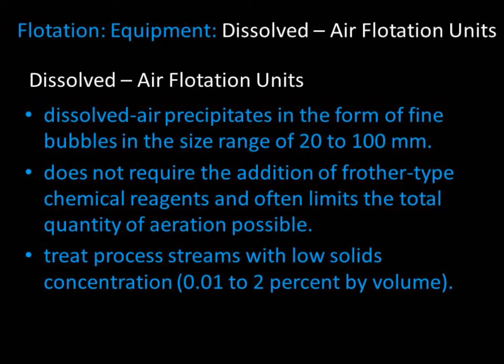The dissolved air precipitates in the form of fine bubbles in the size range of 20 to 100 micrometer. This method of air bubble generation does not require the addition of flotation-type chemical reagents and often limits the total quantity of aeration possible.